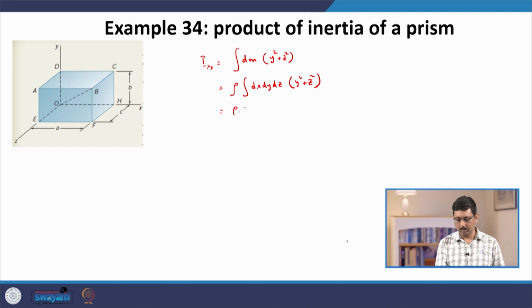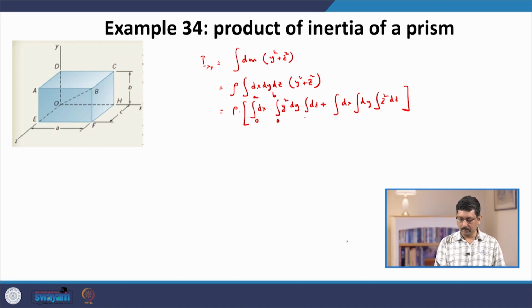So, this will be rho times dx times y square dy times dz plus dx times dy times z square dz, and putting the limits: x varies from 0 to a, y varies from 0 to b, z varies from 0 to c.